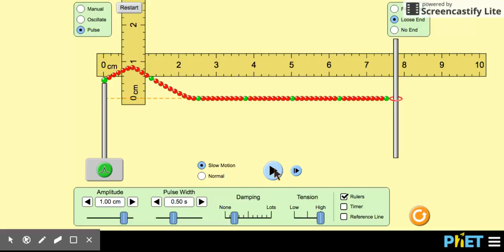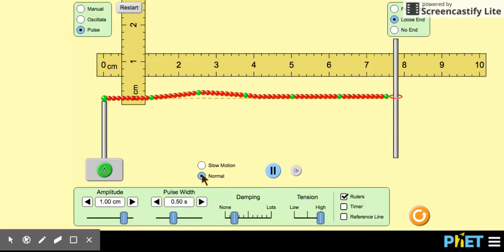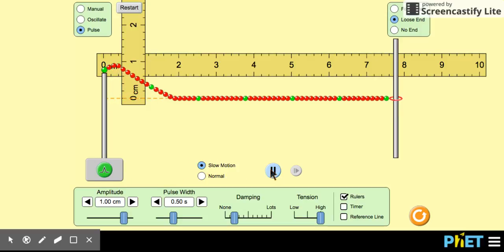One way to help you do this when you hit the play button is instead of going normal speed, which makes it kind of hard to measure, you can hit the slow motion button. So if you put it on slow motion, hit the pulse button, and then pause it, it allows you to make good measurements.